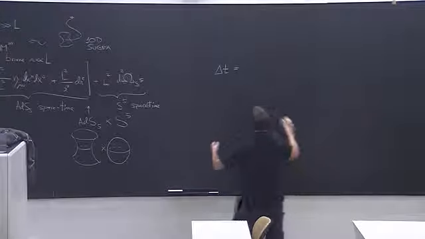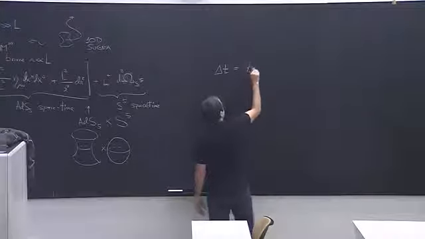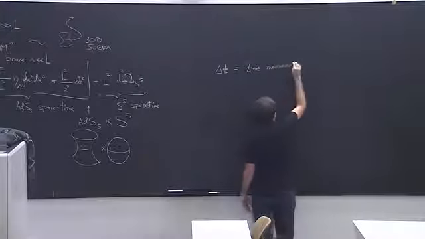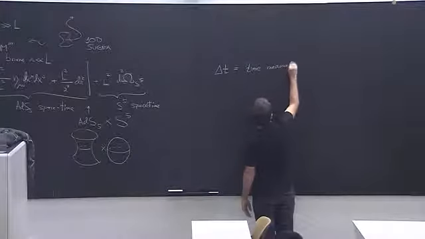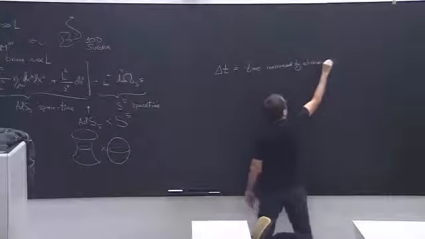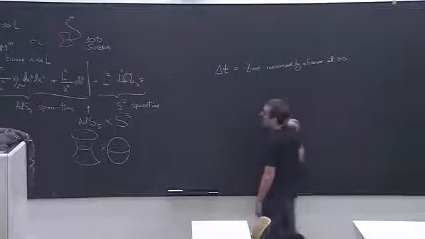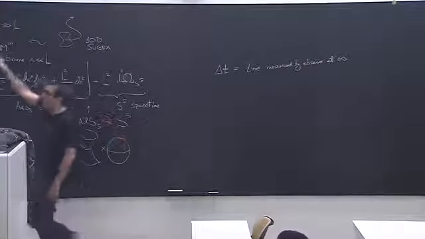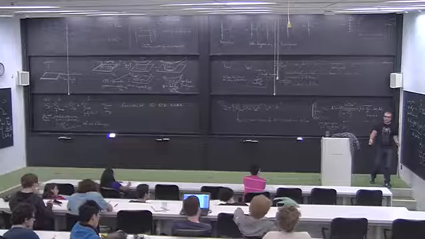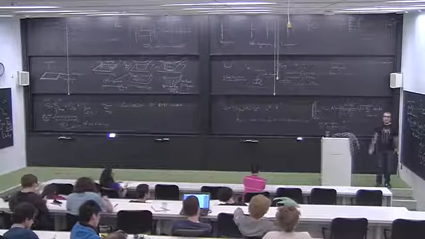So this is the time measured by an observer at infinity. Why? Because at infinity, ds squared becomes dt squared plus dot dot dot. So delta t is the time measured by someone at infinity.